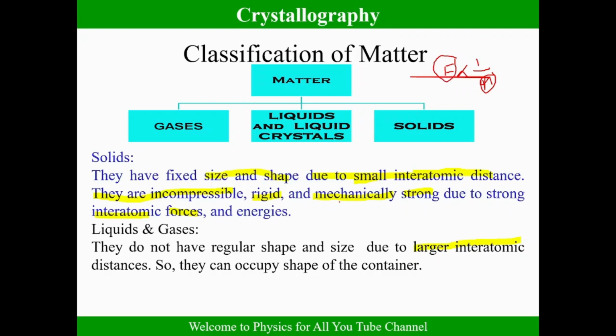These binding energies between the neighboring atoms bind the atoms. Because of this, solids have perfect shape and size, and liquids and gases do not have perfect shape and size, and they take the shape of the container. This is about the fundamentals of solids, liquids, and gases based on the interatomic distance.